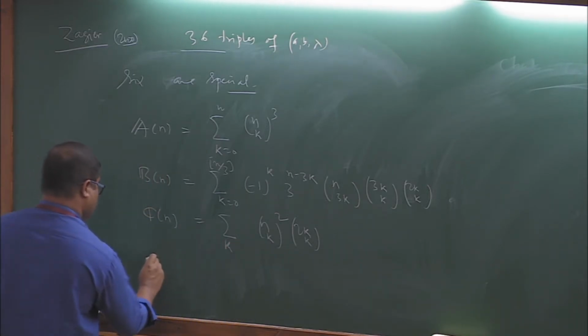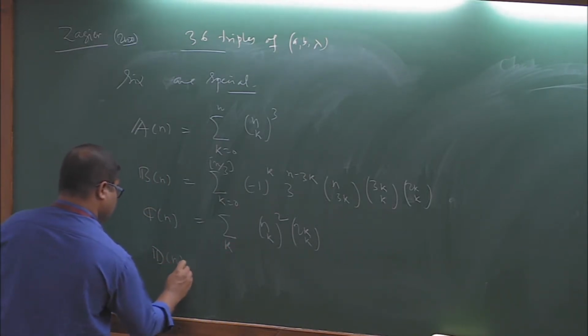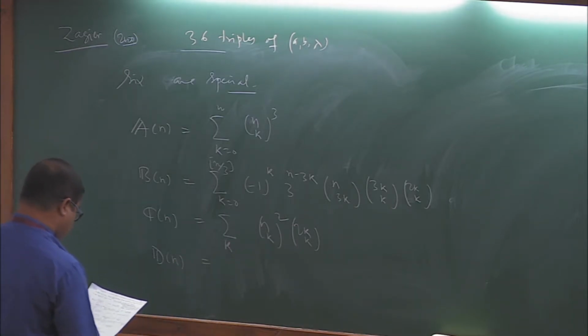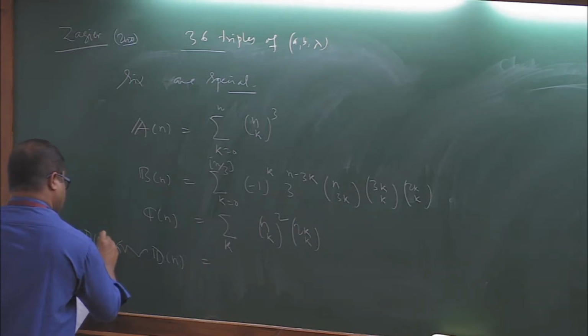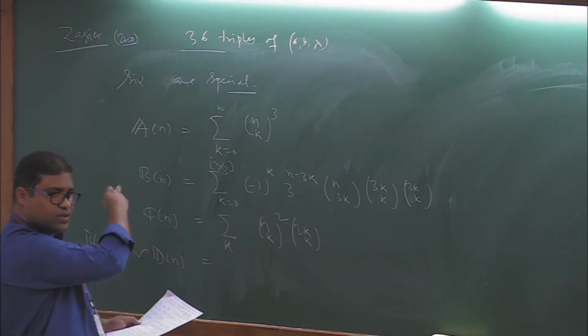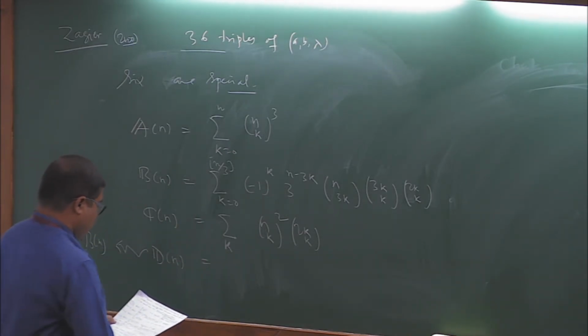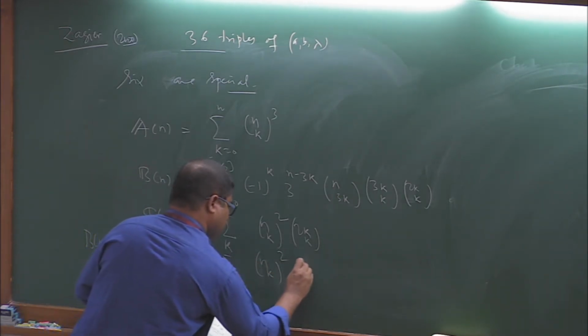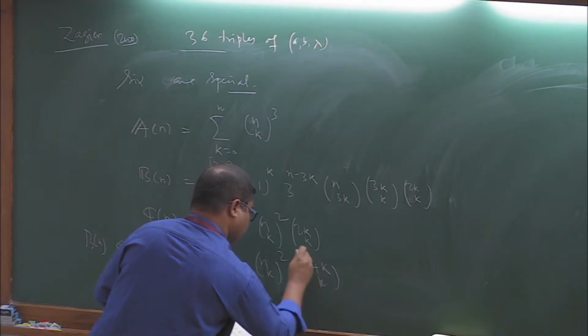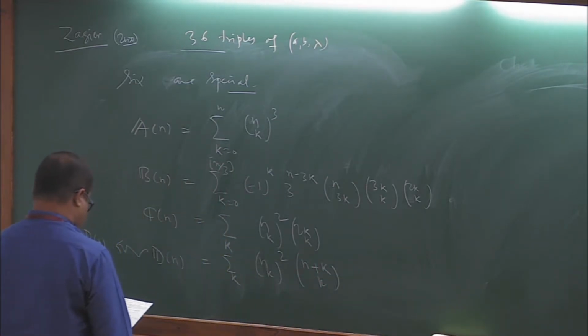and one number is his symbol dn, and this is exactly the Apery number bn. That's what I wrote in the second case, namely n choose k squared times n plus k choose k. And there are 2 more.